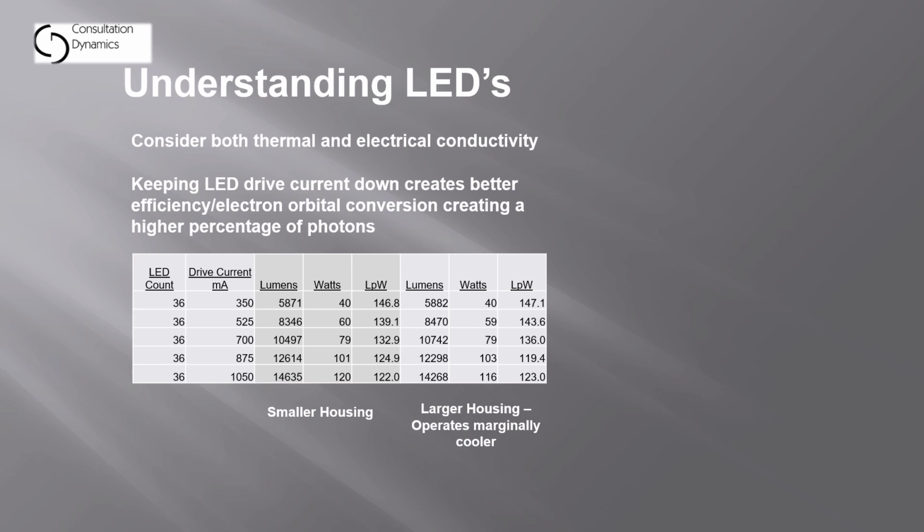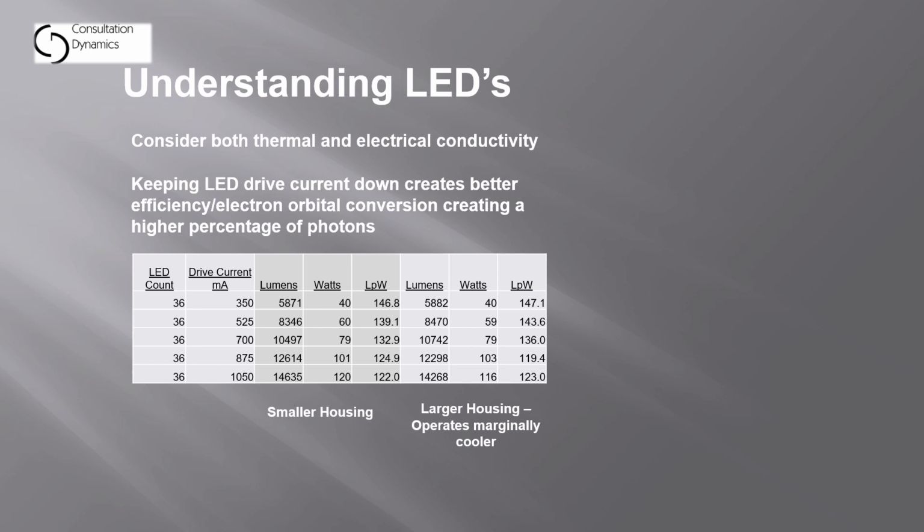If we energize the electrons too much, then they skip that process of dropping to a lower orbit and creating a photon. They just flow straight on through as electricity. So there's a balance between how many of them flow versus how many of them stop at the next atom and drop to a lower orbit. And we see this in the test results of drive currents, wattages, and the resulting efficacies.